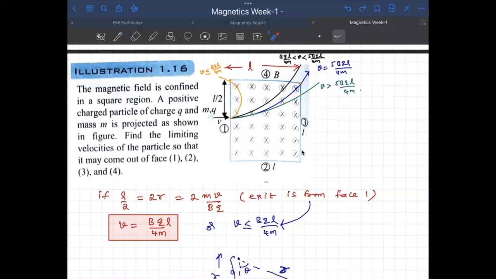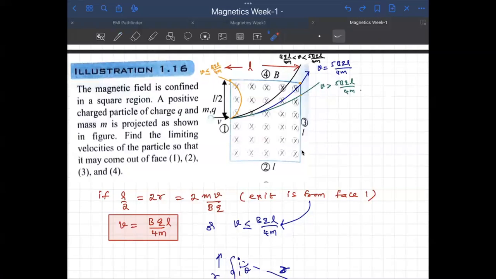Now, for example, if you want it to come back through the face, this is the condition, which means L by 2 is at least 2R. L by 2 greater than 2R is also okay for me.